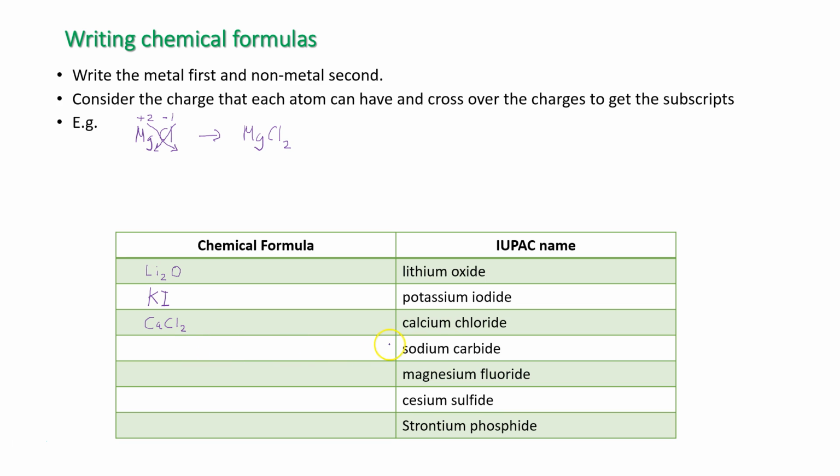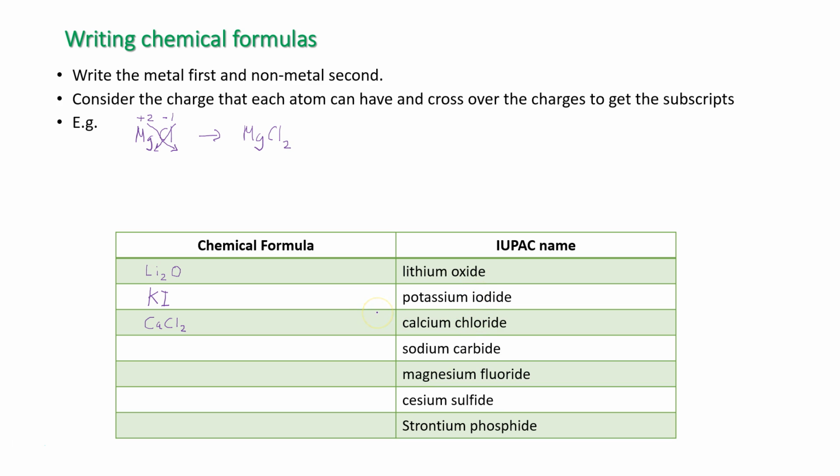Now for sodium carbide. Sodium is in the first group. It has a charge of +1. And carbon is a little bit tricky. Carbon can have different charges.